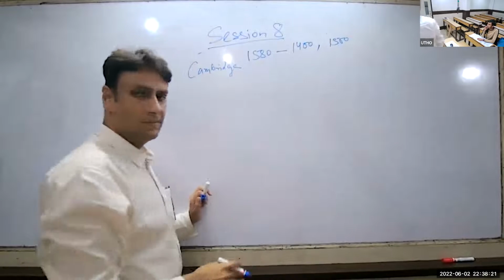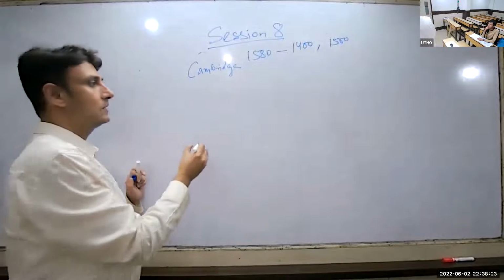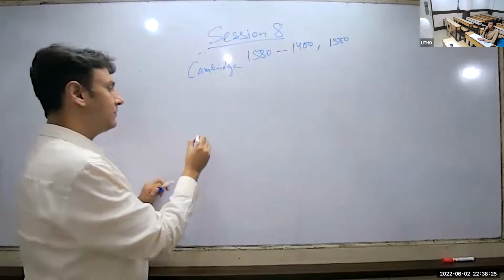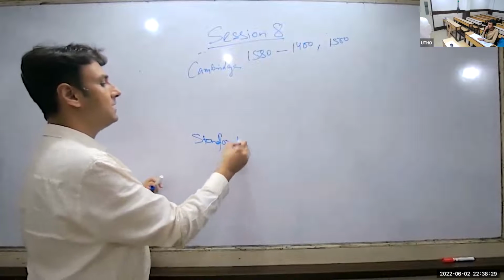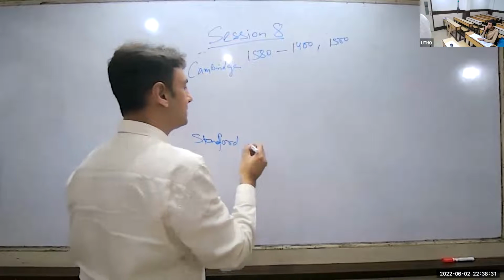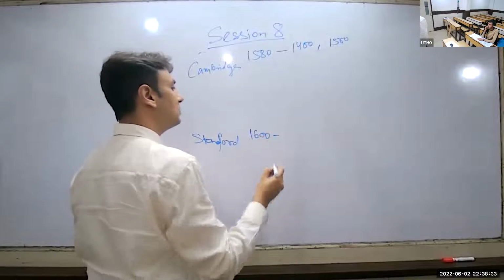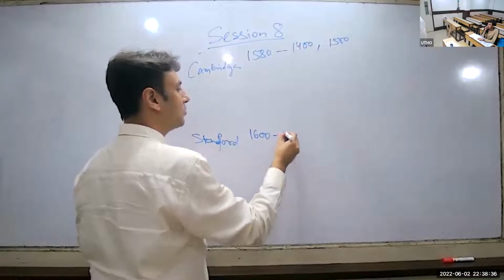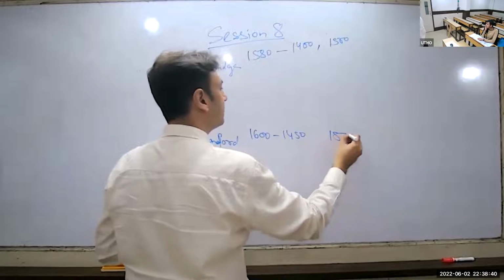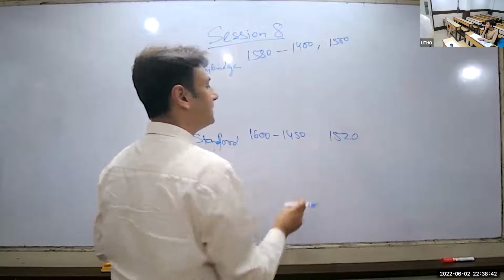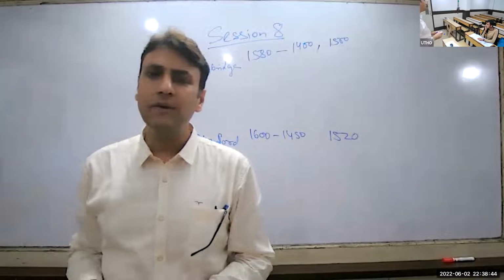What is your dream institution? Stanford. So we take some Stanford data. Stanford says 1600 is where admission starts, and we close at 1450, and the mean is, let's say, 1520. This is our SAT mean, hypothetical.